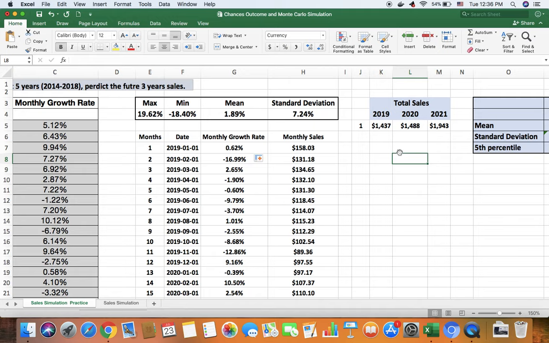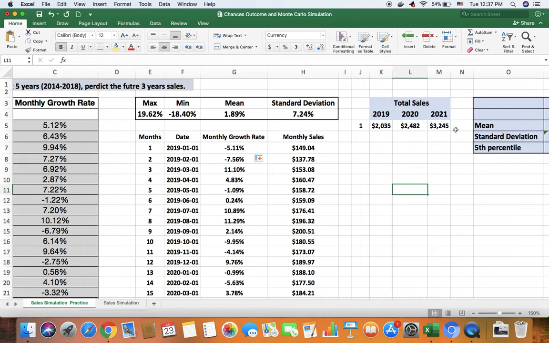If you press F9, these values change. That means this is a chance outcomes simulation, because they are chance outcomes, so they change.